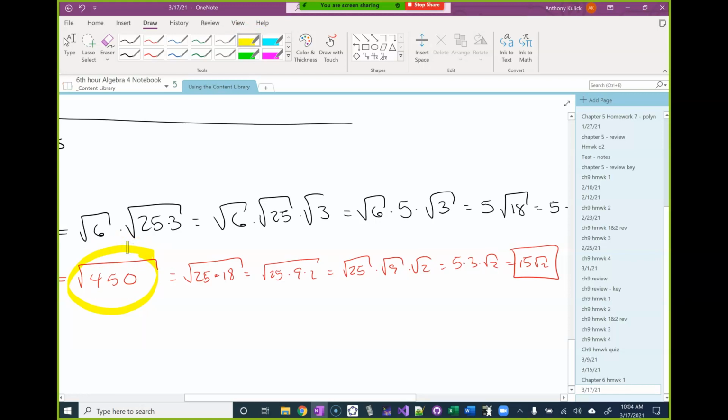Because it's going to be more difficult to see the perfect squares inside. It'd take a little bit more time to do the prime factorization. The advantage, though, is it's potentially less steps, right? If you notice that 225 is a perfect square, you could have done that in really just one step.